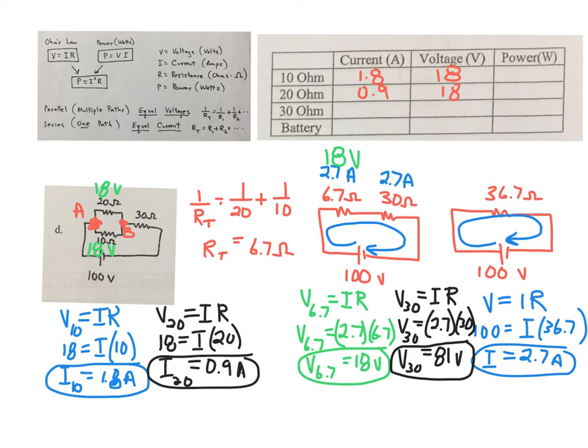The 30 ohm resistor had a current of 2.7 amps, and a voltage of 81 volts. You can pause and look at the diagram if you want. The battery was supplying 2.7 amps. All of that is split between the 10 and 20, but then comes back together, goes through the 30 ohm resistor. The battery has 100 volts.